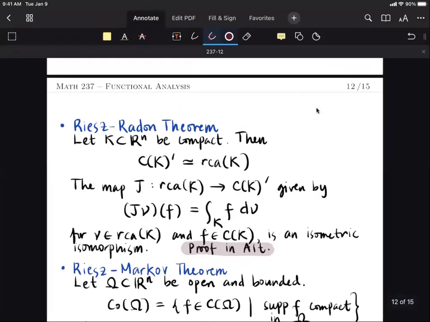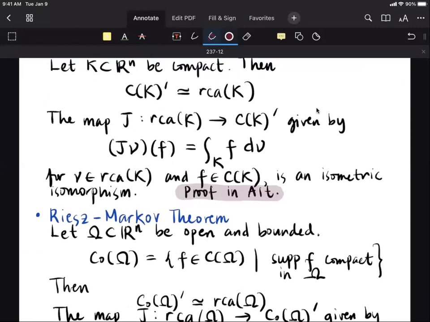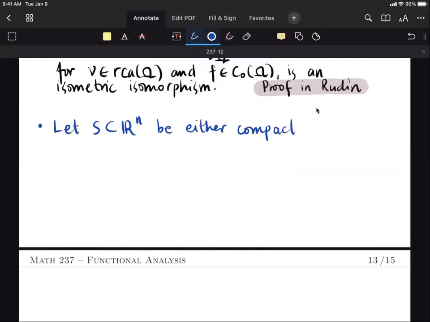And finally, now we know that the dual of CK or C naught omega consists of regular countably additive measures. We would like to ask, how about the dual of RCA? And for this, let us consider a subset S in Rn. And suppose that this is either compact or a bounded open set.